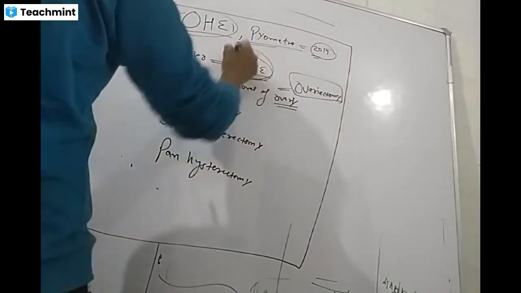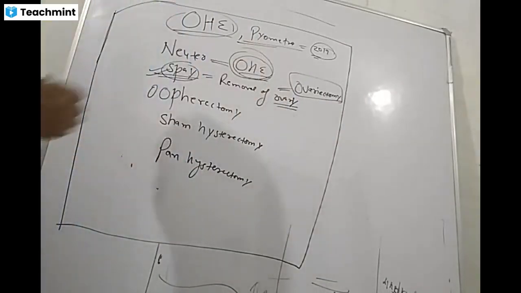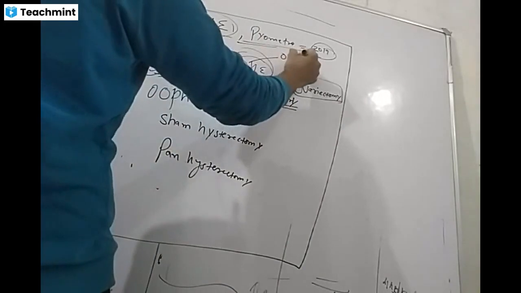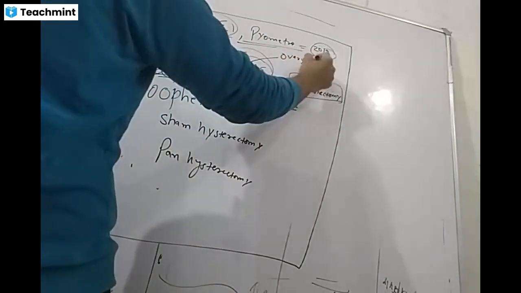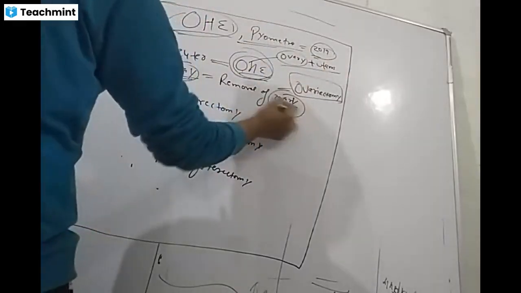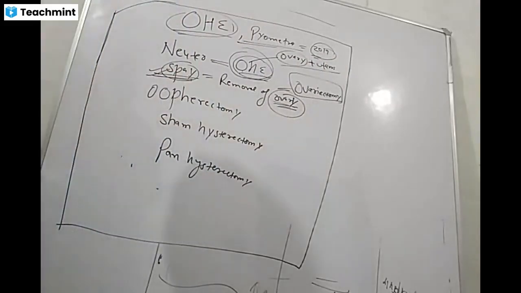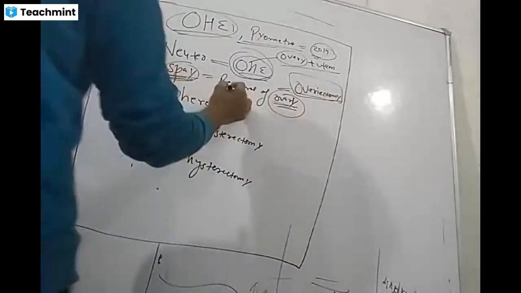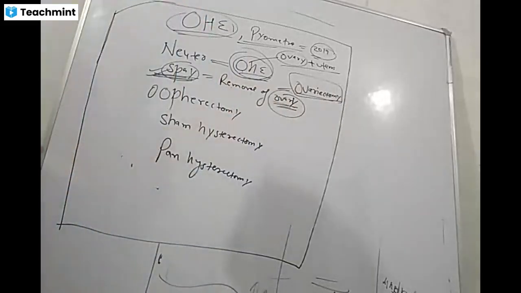Ovary hysterectomy scientifically is removal of ovary as well as uterus. But the removal of only and only ovary is called spay. So ovariectomy or spay means removal of the ovary.